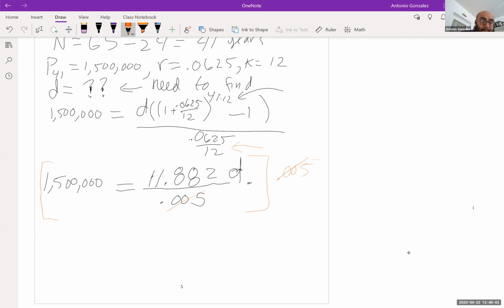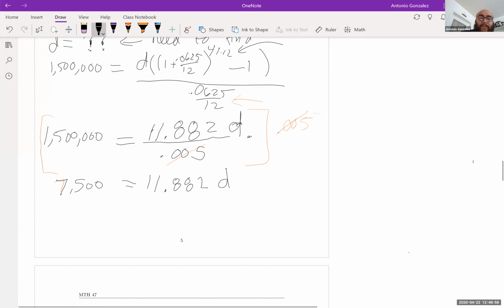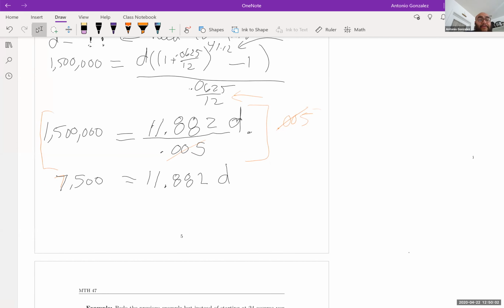If I do that, we get 7,500 equals 11.882 D. From here, we divide both sides by 11.882, and we get D equals $631.21.